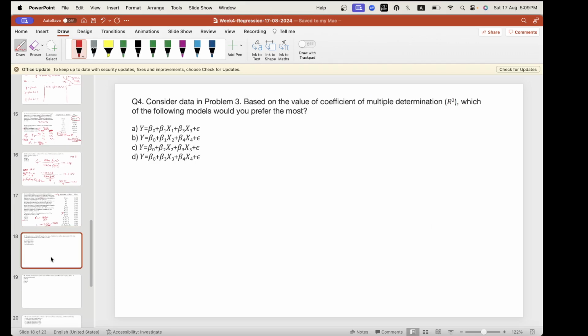This one. Consider data in problem 3. Based on the value of coefficient of multiple determination, which of the following do you prefer the most? Same thing, we'll just calculate for A, x1, x3.